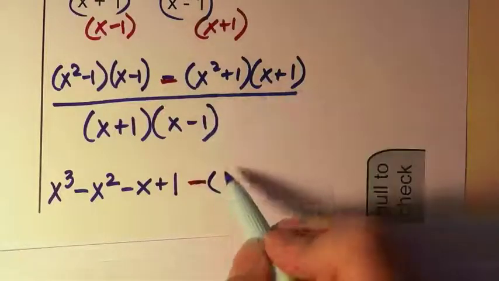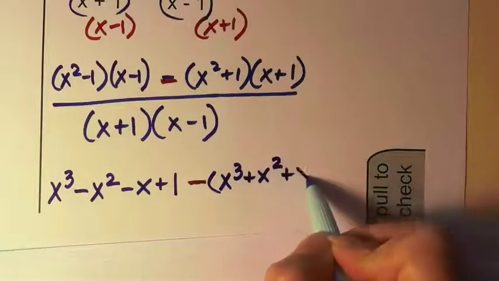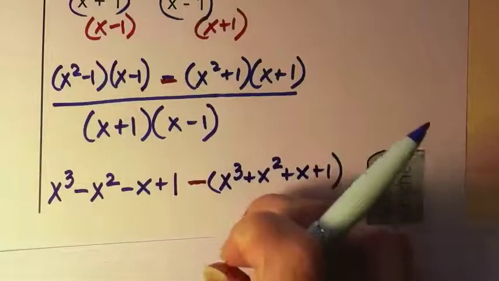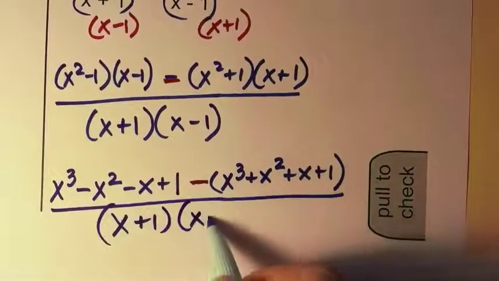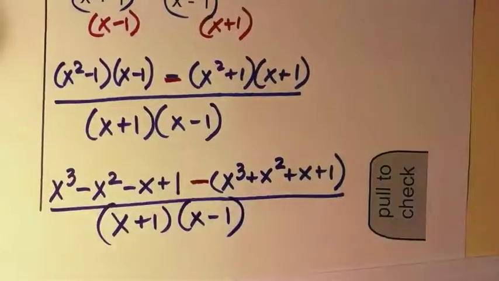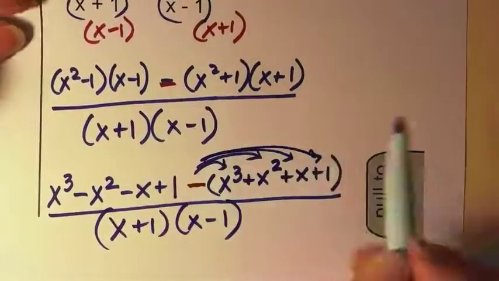And I'm going to go ahead and FOIL this one, x cubed plus x squared plus x plus 1. And now I've got to make sure this is all over the common denominator, x plus 1, x minus 1. Okay, and then finally, see that minus sign, we've got to distribute it now, okay, to simplify.